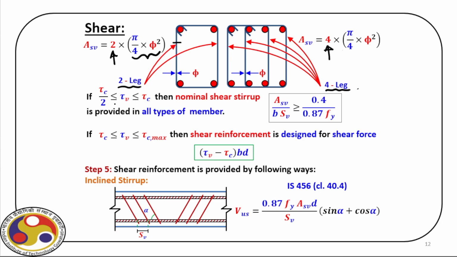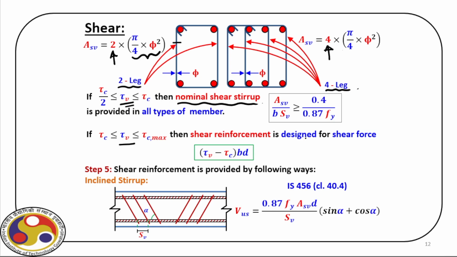Now if the tau v that we evaluate is in between tau c and half of tau c, then we provide this nominal shear stirrup, and if tau v is in between tau c max and tau c, then we design shear reinforcement.